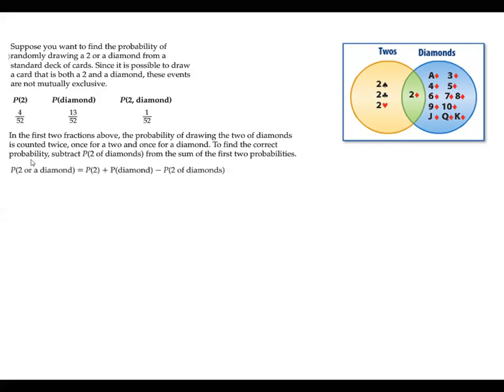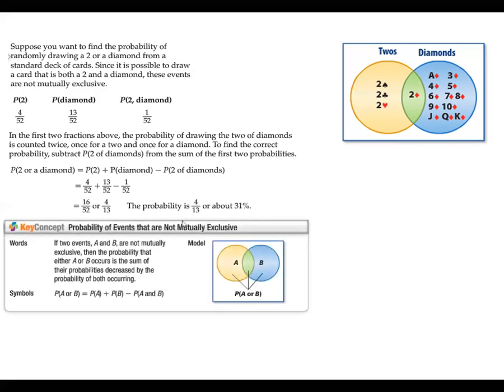So the probability of picking a 2 or a diamond is you add the probability of the 2 to the probability of the diamond, and then subtract the probability of picking it both at the same time. You only subtract this when the events are not mutually exclusive. So you do 4/52 plus 13/52 subtracted by 1/52. Okay, and that would be 4 out of 13, or about 31% chance.